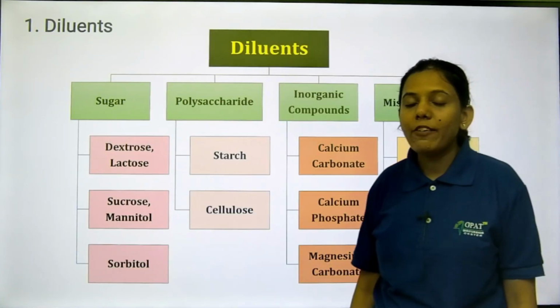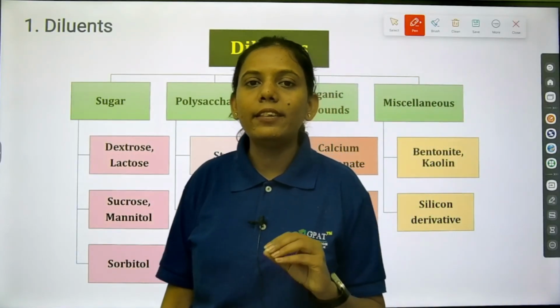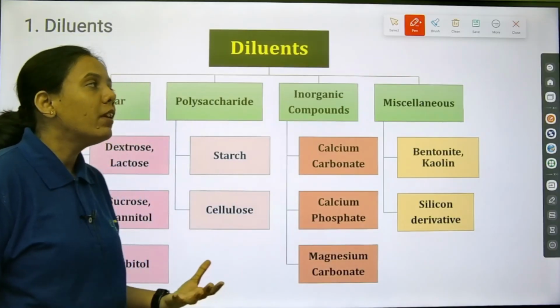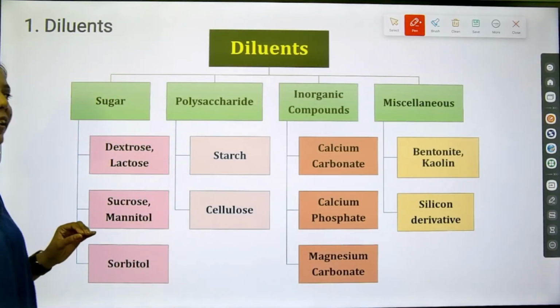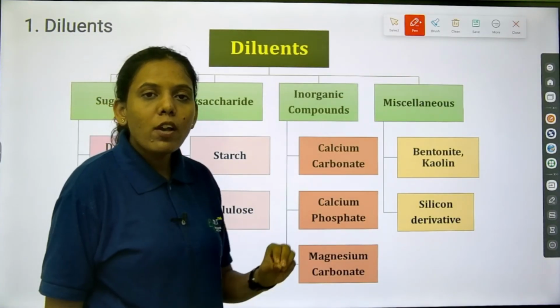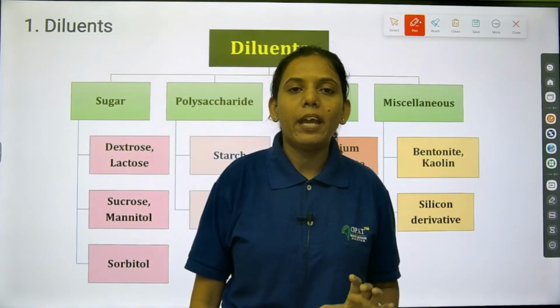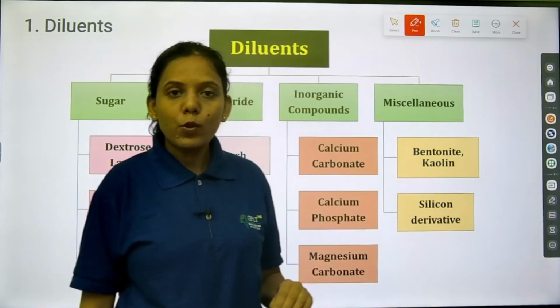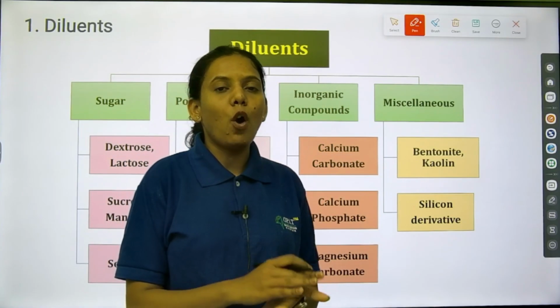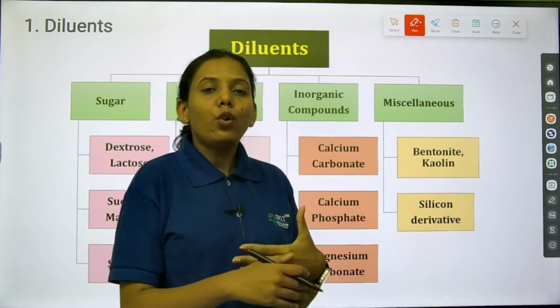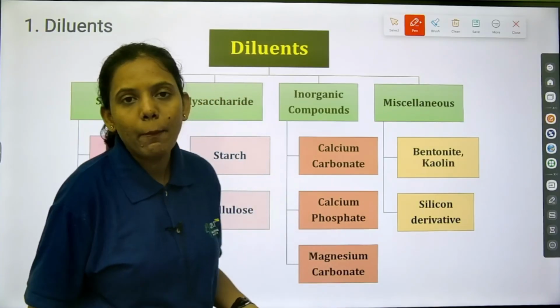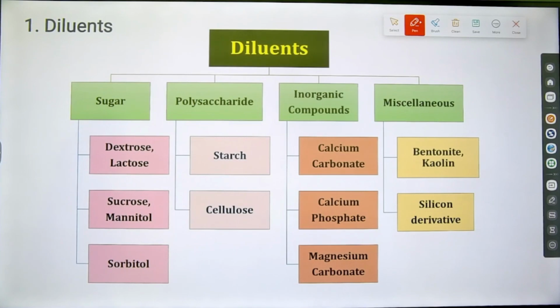So diluents. First of all, a diluent is nothing but something which will make up the weight of the tablet. The required weight of the tablet is needed, because if you take only API in very small quantity, then it is difficult to compress into a tablet. So to give the required weight to the tablet, we add certain kinds of diluent.